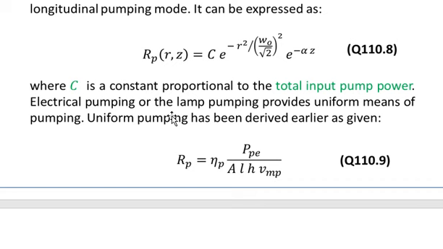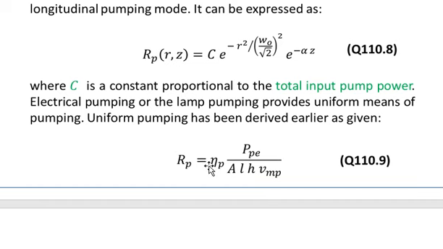Electrical pumping or lamp pumping provides a uniform means of pumping. So uniform pumping has been derived earlier as given. So this is the case of uniform pumping. That is, if you are talking about transverse pumping, then this is the case of transverse pumping, which is also uniform.